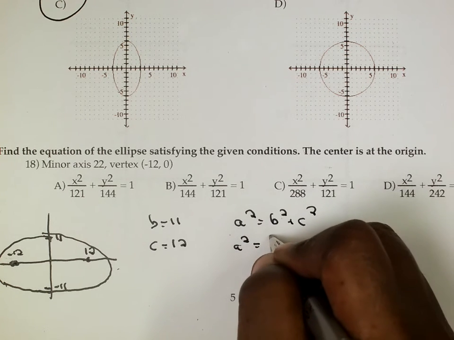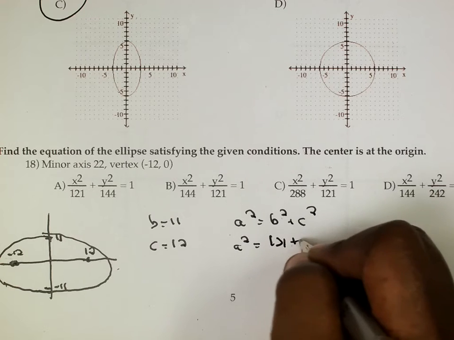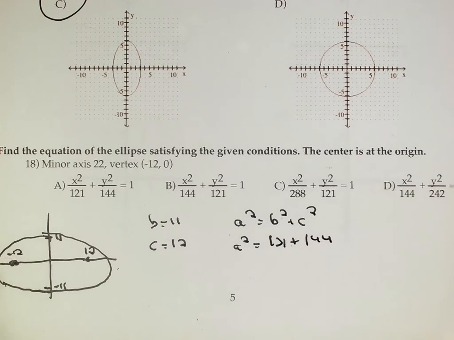B squared, 11 squared is 121. And 12 squared is 144. Oops, I plugged something in wrong, sorry. So I got a squared is equal to 265.